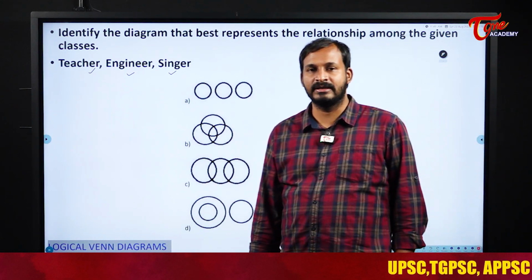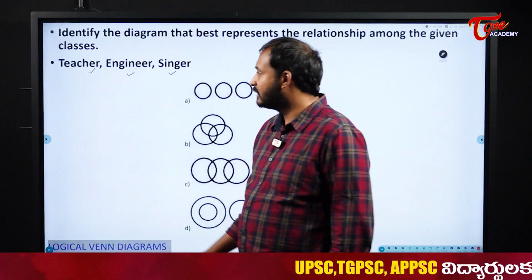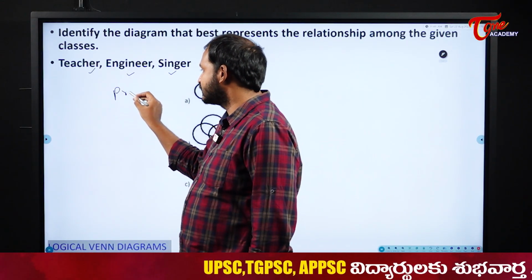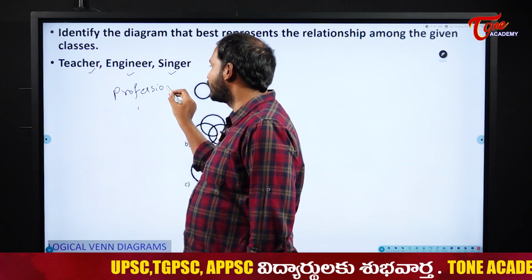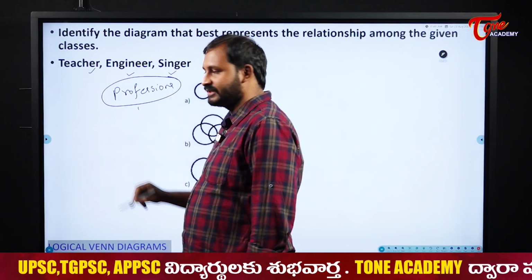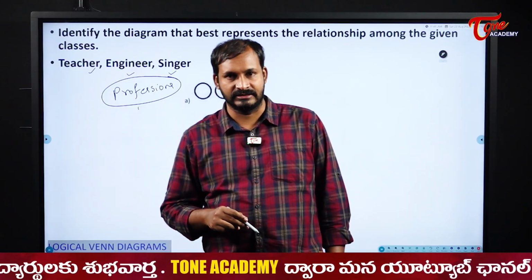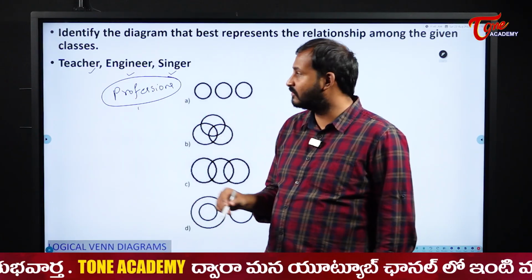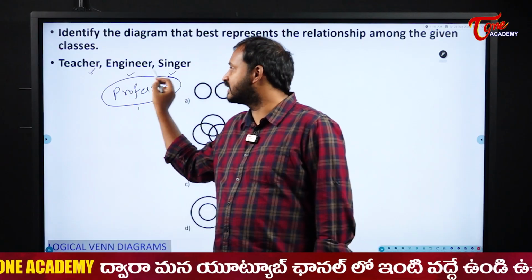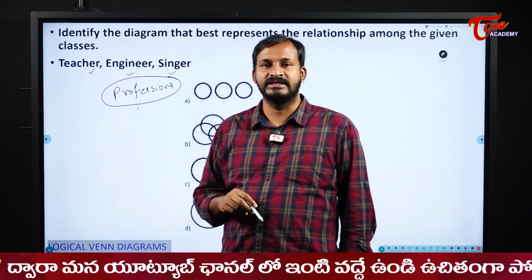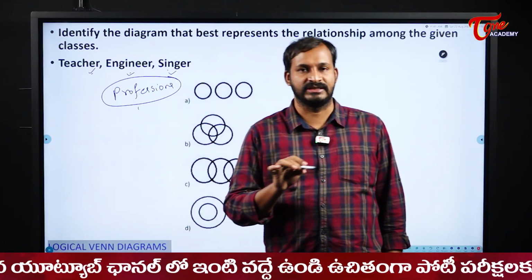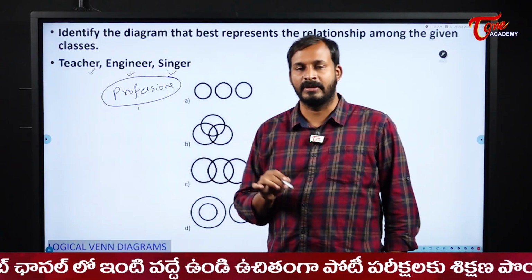We are not thinking of them as a quality of a person. Instead, we will think of them as professions. Teaching is a profession. Engineering is a profession. Singing is a profession. So we will consider them as professions, not a quality.